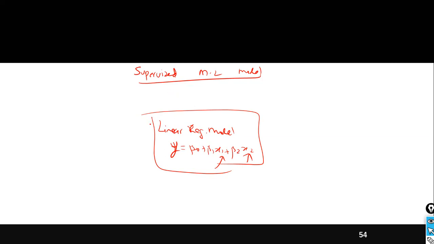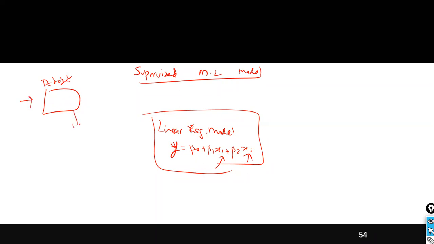In the case of supervised machine learning models, not only linear regression but almost all the algorithms, the common principle is you need to split your given data into training and test data sets. Let's say this is your data set given by someone, your manager or some stakeholders.